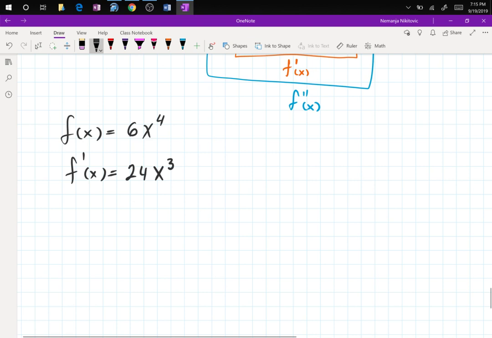Beautiful. What's the f double prime? Well, the second derivative is the first derivative of the first derivative. Say that one more time. Second derivative is the first derivative of the first derivative. So you're taking the derivative of the previous function you have, right? So 24 times 3, 72x squared. Beautiful. What's the third derivative?